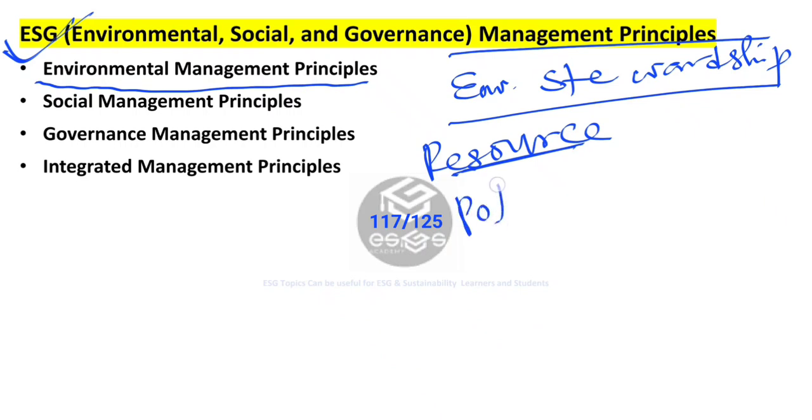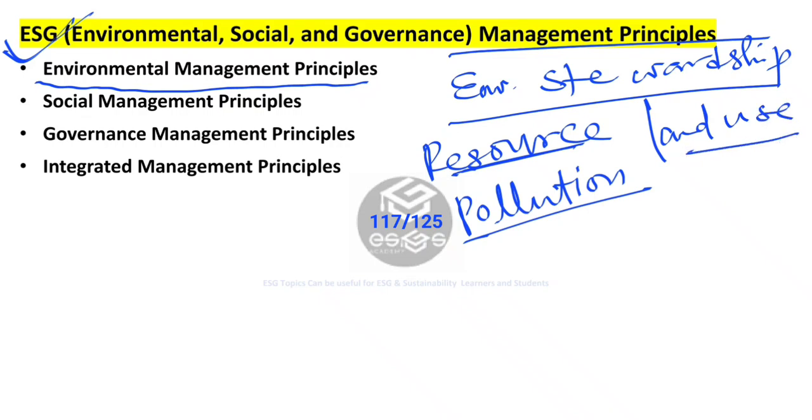Then next comes pollution prevention. Implement measures or controls to prevent pollution and reduce emissions of greenhouse gases and other pollutants also. The next example can be biodiversity conservation. We need to protect and restore biodiversity through sustainable land use and also conservation practices.